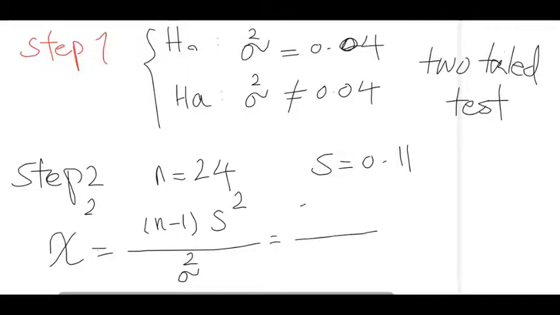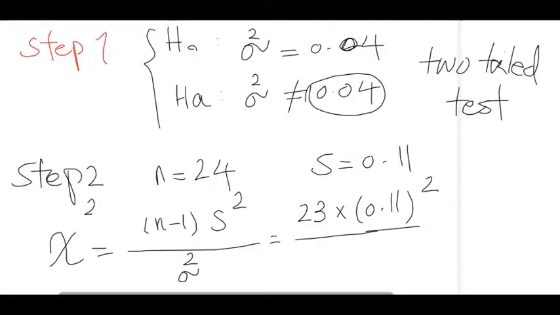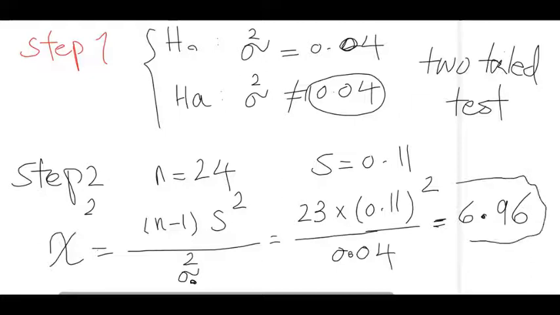N minus 1 is 23. S squared, it means 0.11 to the power 2. And sigma squared is 0.04. And the test statistics result is 6.96.